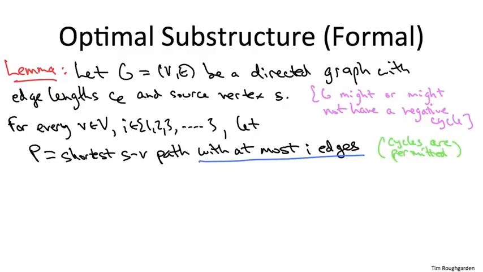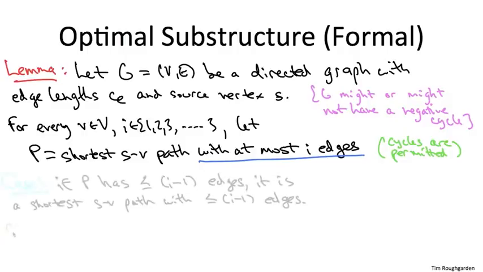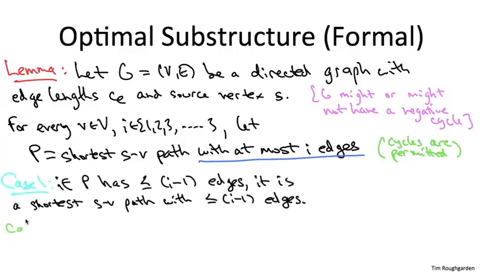So with that set up, what are the possible candidates for what capital P could be? Well, we have our usual trivial case 1, which is that if this path P doesn't bother to use up its full edge budget, that is, if it has I-1 edges or less, then naturally P better be the shortest S-V path that has at most I-1 edges.